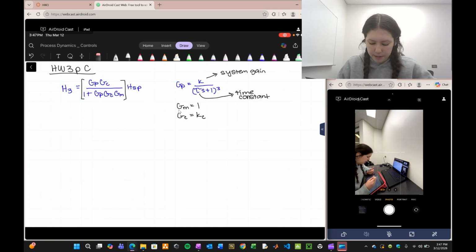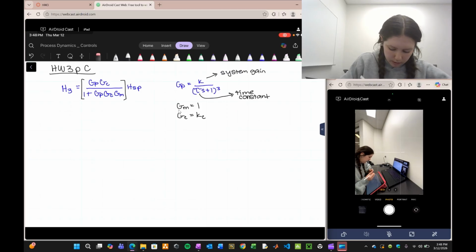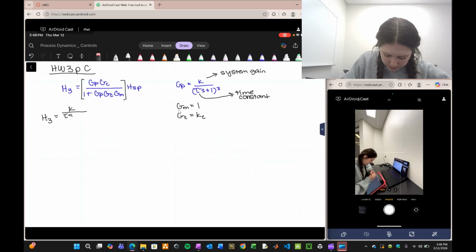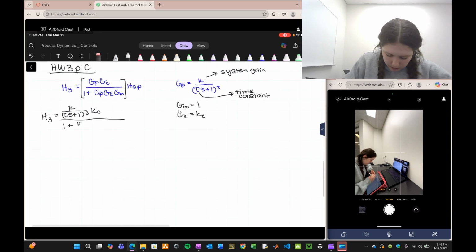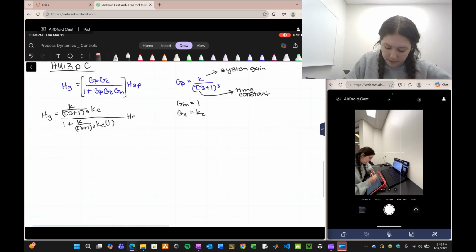So if we plug these values into our H3 equation, we get H3 equals K over tau S plus 1 cubed times KC over 1 plus K over tau S plus 1 cubed times KC, and then times GM, which is just 1, and then times our height set point.